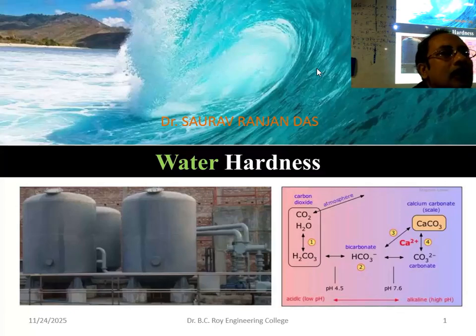Fats can be of animal or plant origin, like dalda, vanaspati, from plants or trees, and some fats are available from animals.